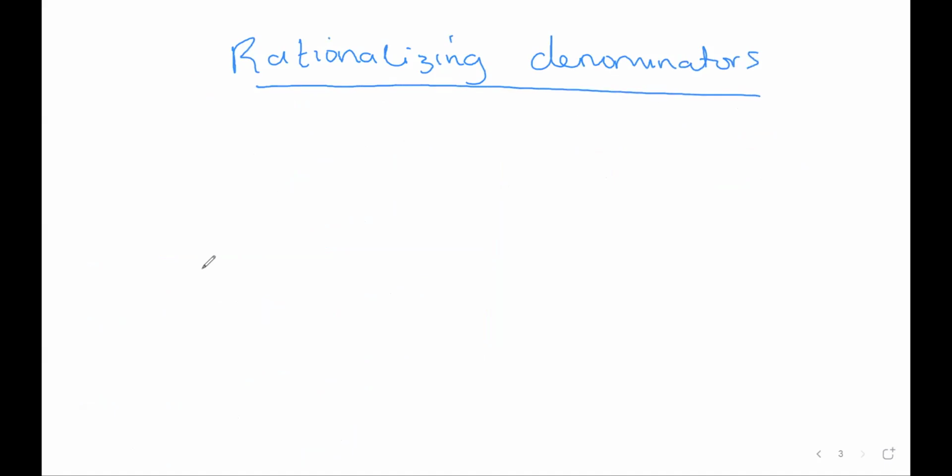The last thing we are going to look at in section 0.3. So rationalizing the denominator of a given fraction whose denominator is a radical simply means write this fraction as an equivalent fraction without radicals in its denominator.